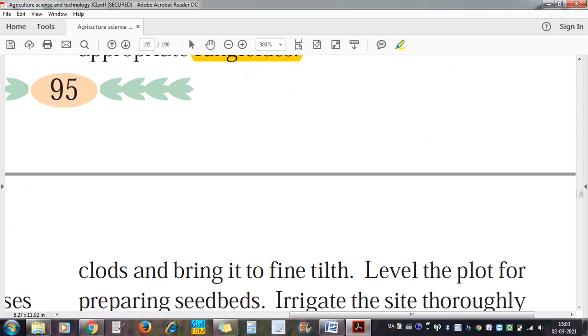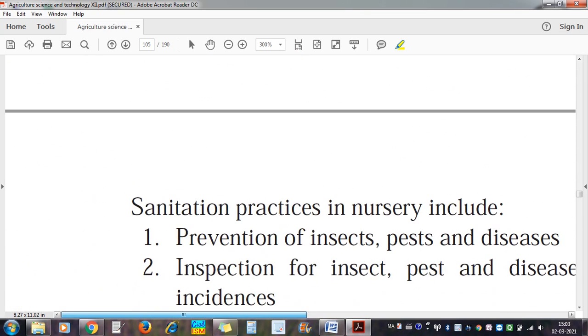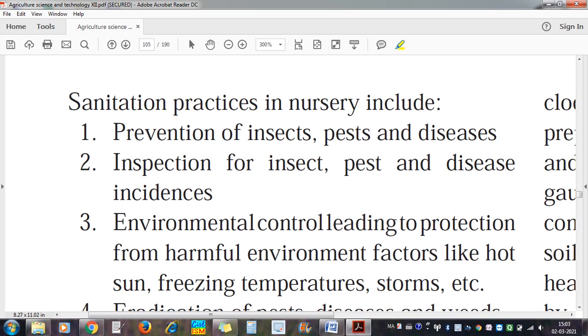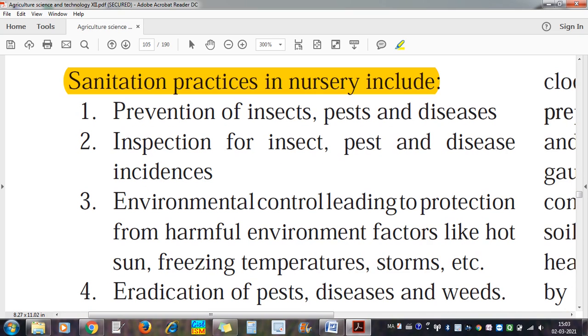Let us go to another point, the sanitation practices which are used in nursery. Which are the sanitation practices, or why are sanitation practices to be used? Number one, for prevention of insects, pests and diseases, as we have just discussed. Then we also have to control insect pests, and for that purpose inspection is to be done.